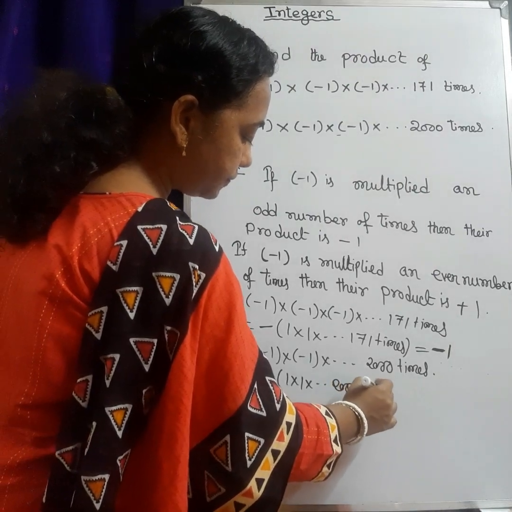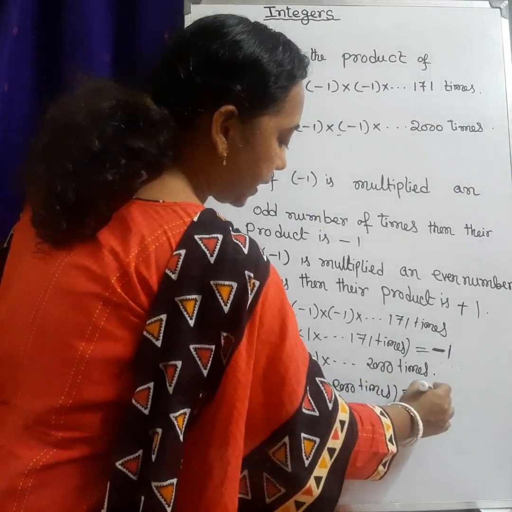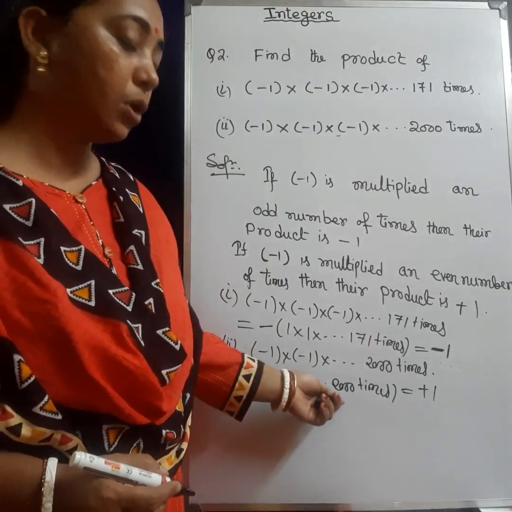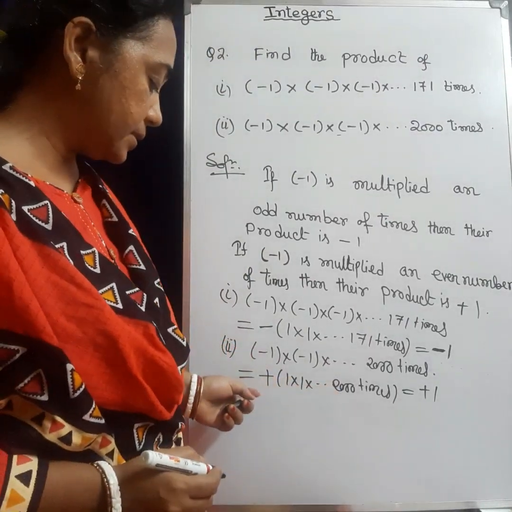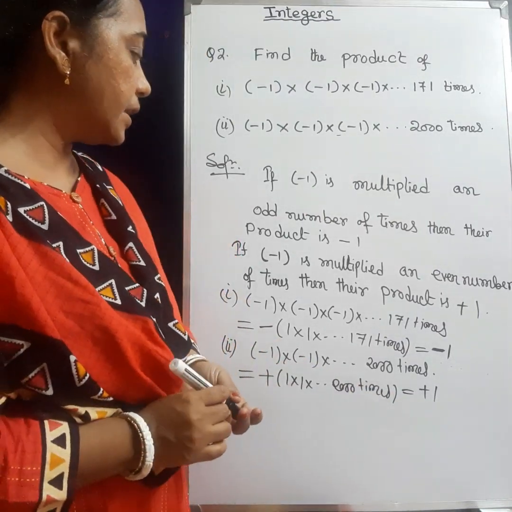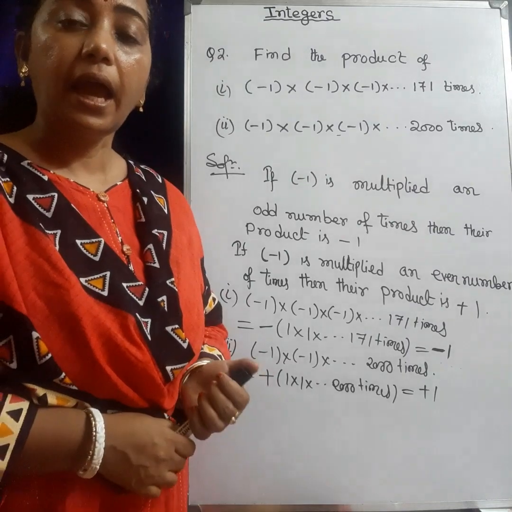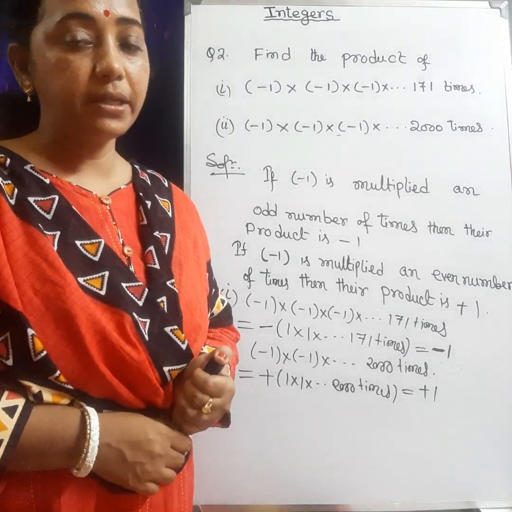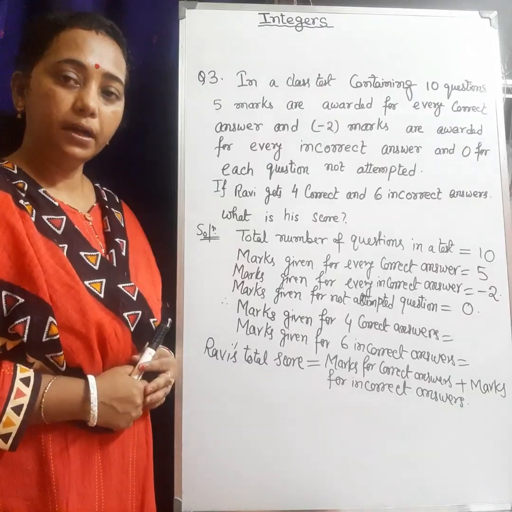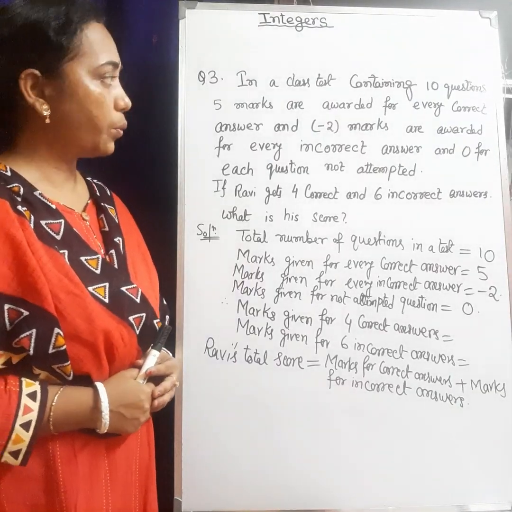So this will give +1, because 1 multiplied by 1 2000 times will give 1 and the sign is plus. That means if -1 is multiplied an even number of times by itself, we get their product as +1.